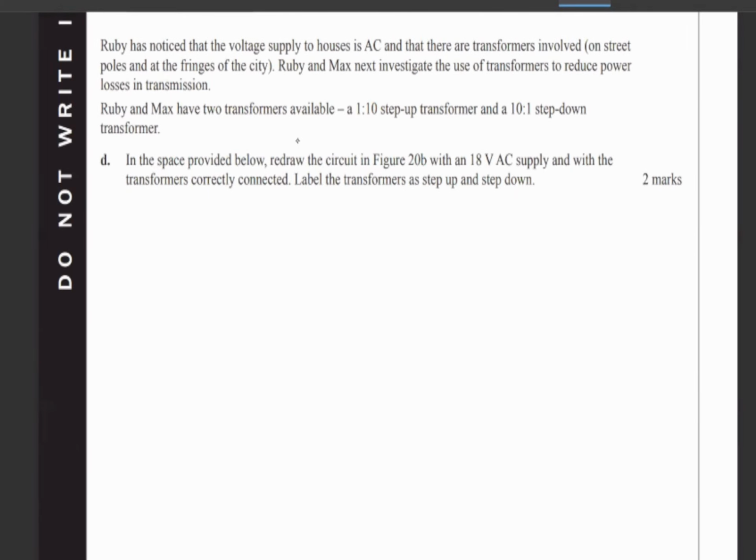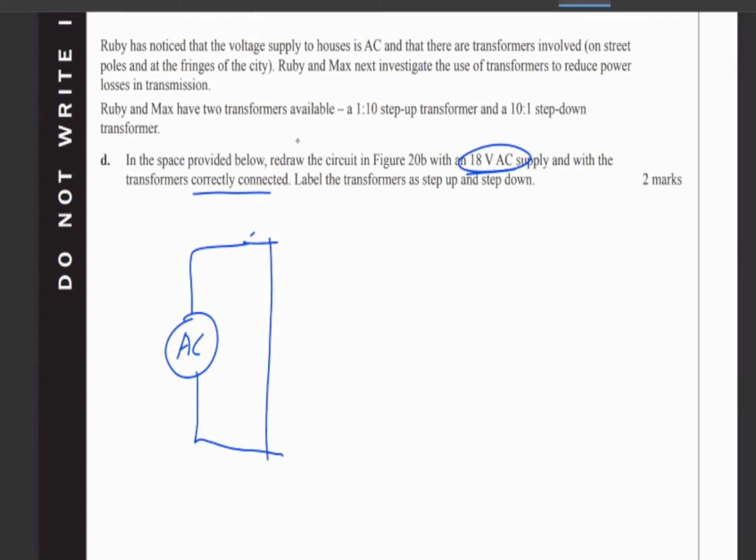Redraw the circuit with an 18 V AC and transformers. So AC, and this is the resistance in here.